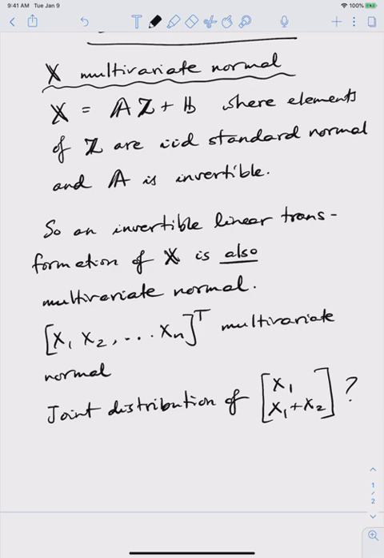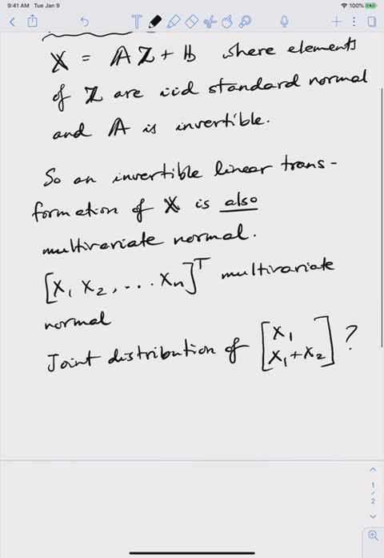Now you can see that that's a linear transformation of your original sequence x. And so without doing any further work, you write down it's multivariate normal.